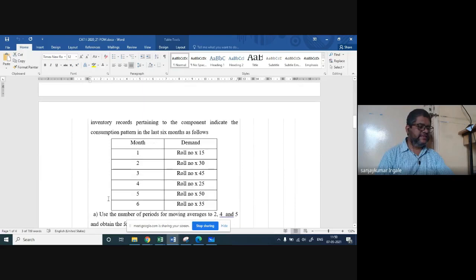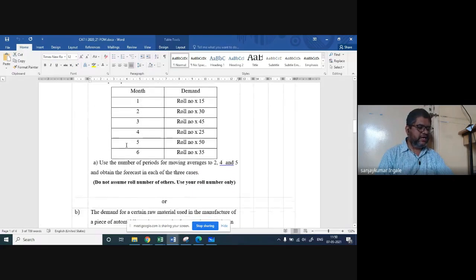Six months of data is given to you, and using it you need to calculate the demand for the 7th month. For that, 3 different problems were asked. I'll just copy this table.